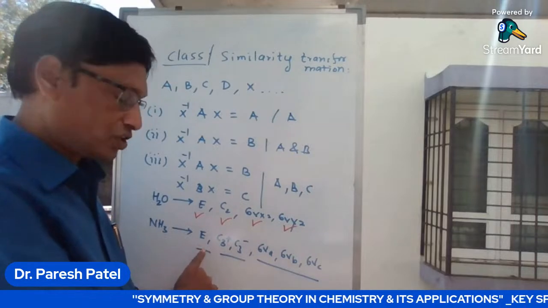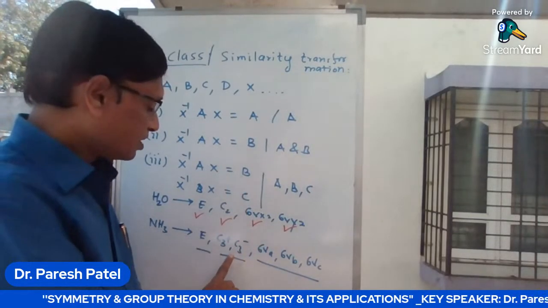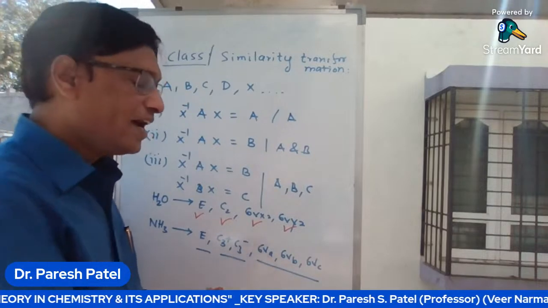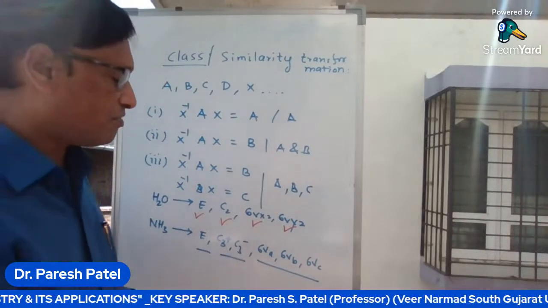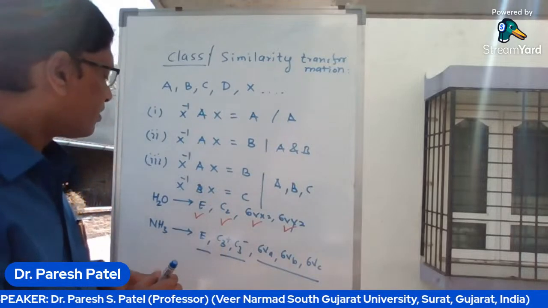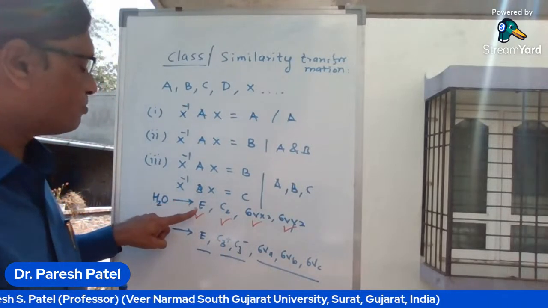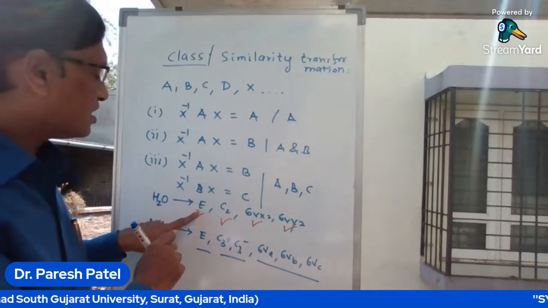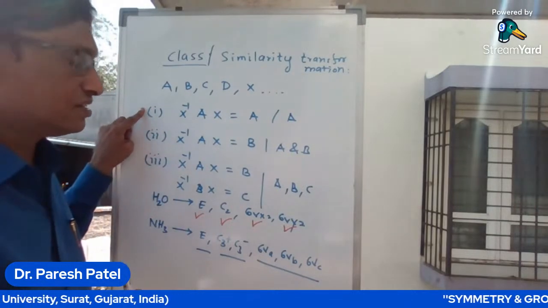E is conjugate to itself to form an individual class. C3 plus C3 minus conjugate to each other to form a combined class. And sigma Va, sigma Vb, sigma Vc conjugate to one another to form a combined class. So, in case of the water molecule, symmetry elements of the water molecule satisfy the condition number 1.